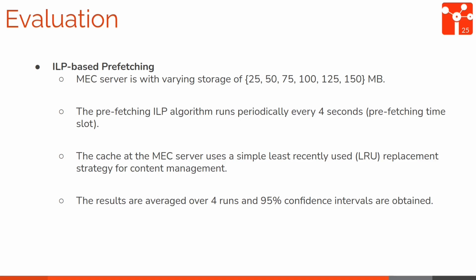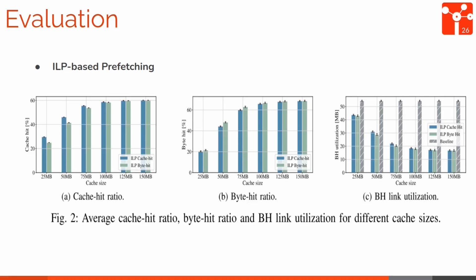And this is the result for the ILP based prefetching, specifically for the cache hit ratio, byte hit ratio and bandwidth link utilization. First, we can see the cache hit ratio. The cache hit ratio result was based on different cache sizes, where a higher cache hit ratio results in the end user experiencing less delay and obtaining higher bit rates.